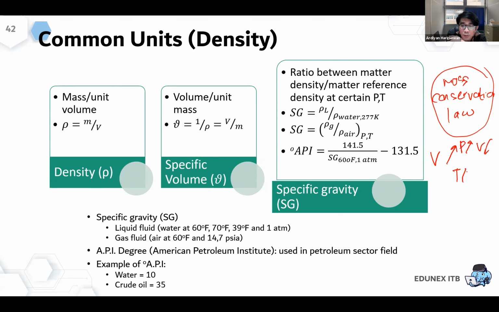Kalau temperatur dinaikkan, volume akan naik. Generally. So if the fluid undergoes this change in pressure or temperature, the density will be different. So the denominator, penyebut apa sih? Denominator, what is the English term for penyebut?